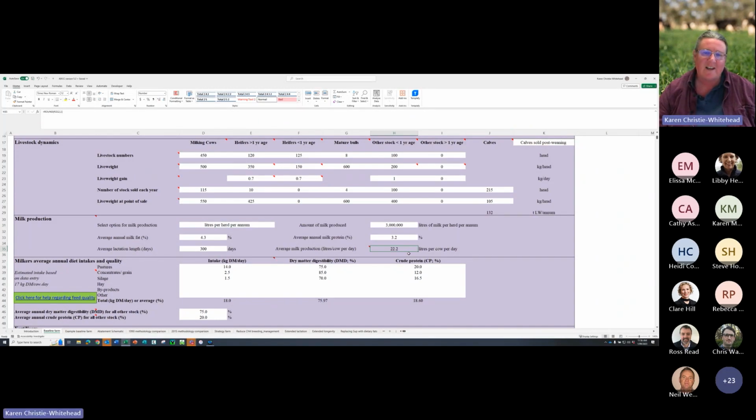If that number was vastly wrong, you need to go back and check these numbers. Have you got your herd size right? Have you got your milk production right? Have you got this drop-down section correct?